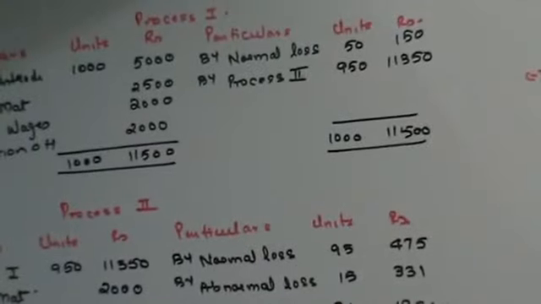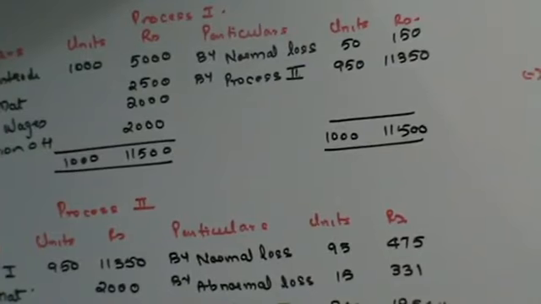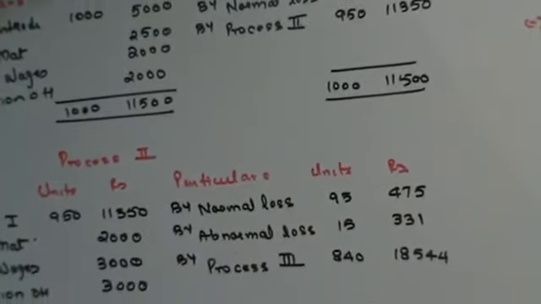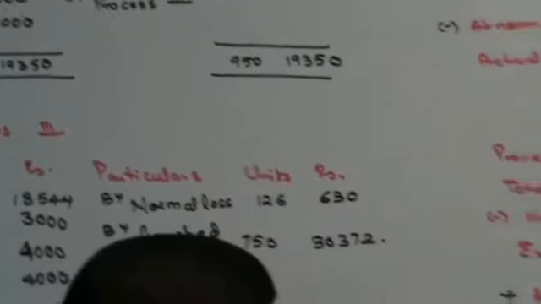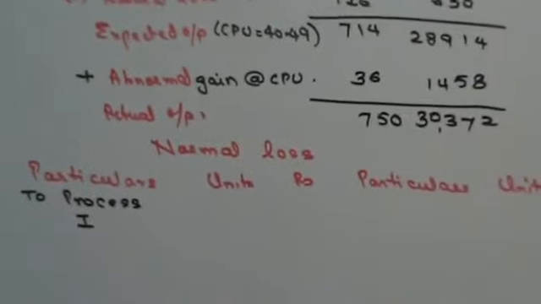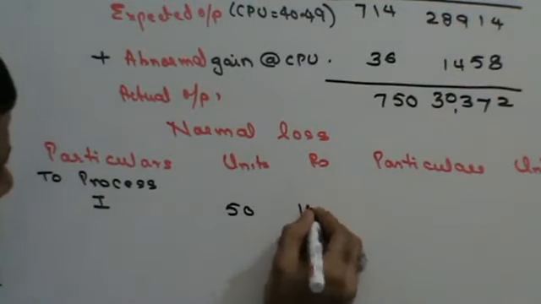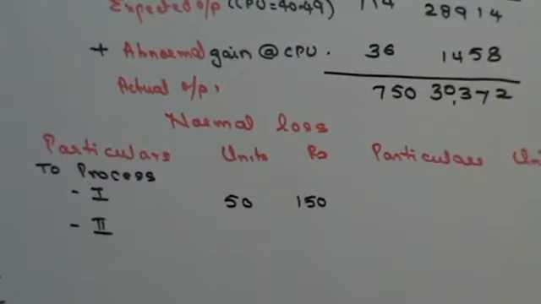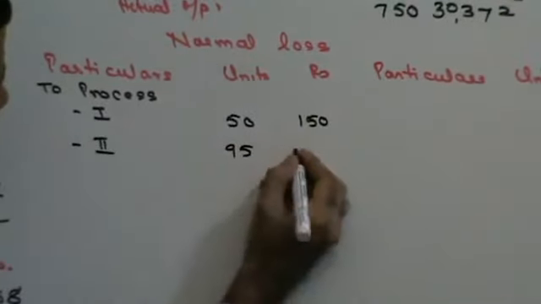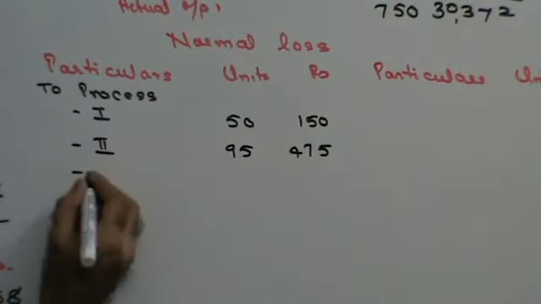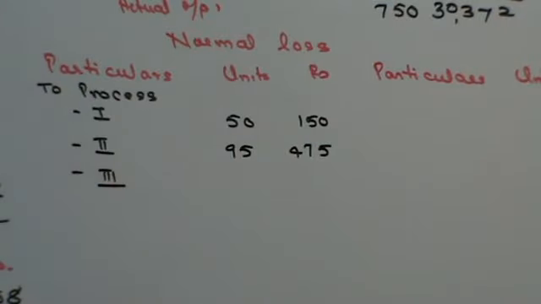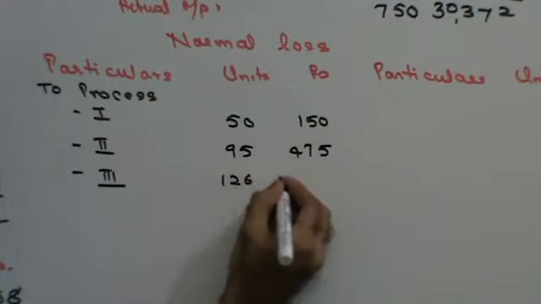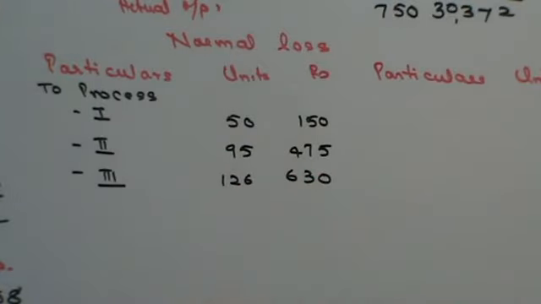We had normal loss in all the 3 processes. All the normal losses are on the credit side. So when I bring this down, this will be to process 1, normal loss is 50 and 150. Process 2 is 95 and 475. Process 3 is 126 and 630.